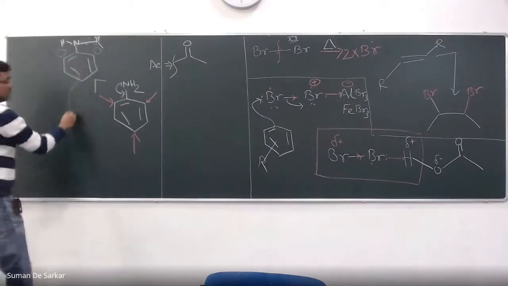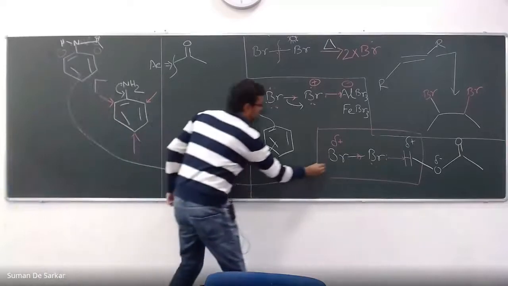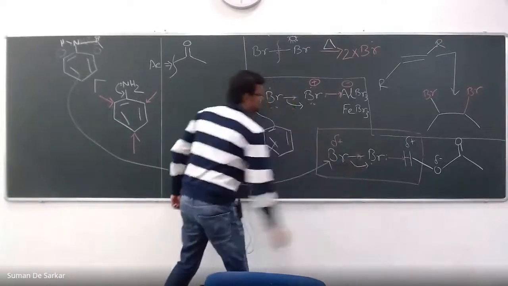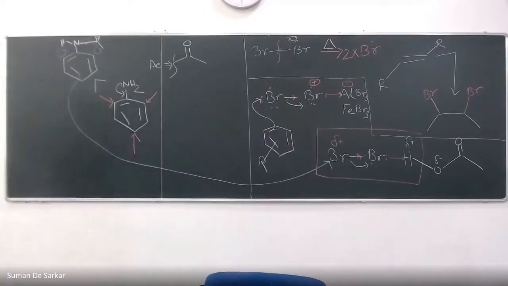So this guy will go all the way and react with the bromine, and then the bond will clip because it's already polarized. It will clip like that, and it will enter here. I hope you know all this is a standard electrophilic substitution reaction. You can show that nitrogen is donating electron, that's not an issue.